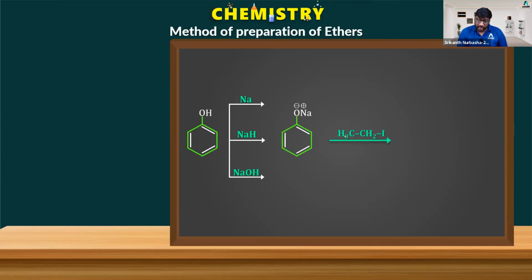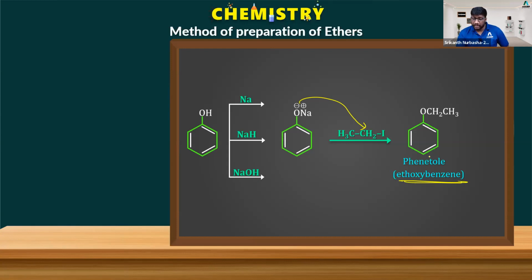This upon treatment with CH3CH2I, O minus will try to attack this particular carbon, so you will generate CH3CH2OC6H5. Ethoxybenzene is going to be obtained, which is also called phenetole. Earlier C6H5OCH3 was obtained, which is also called anisole.